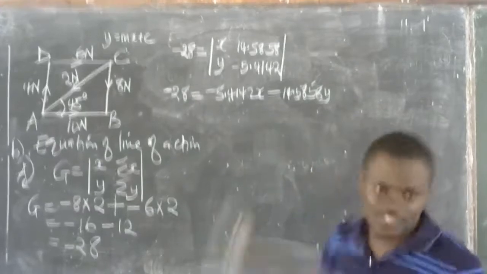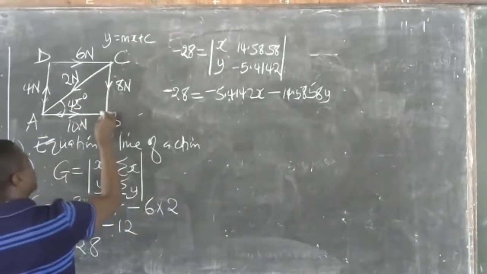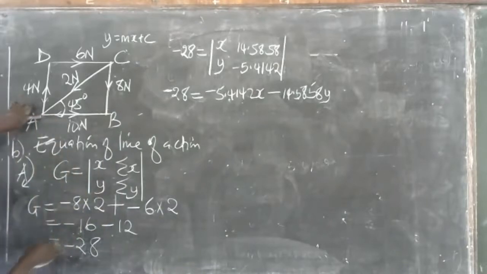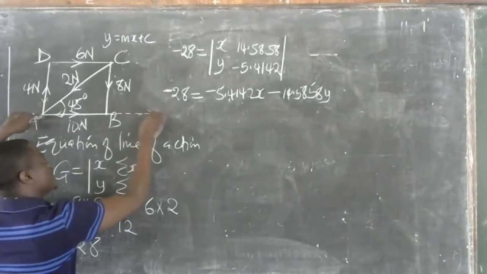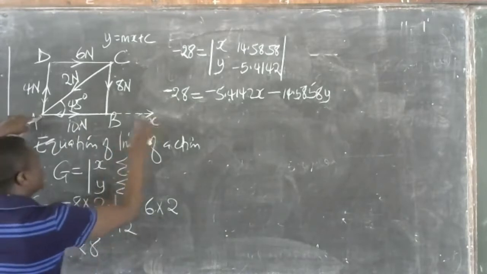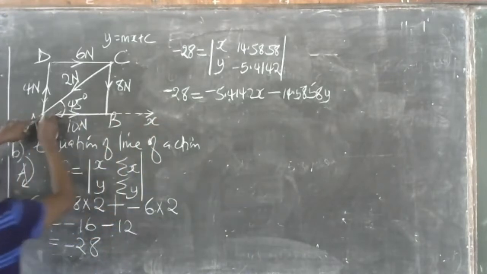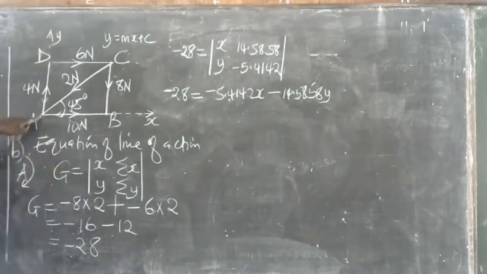Now, this is a straight line. Since we have taken moments about point A, the line AB will act as the x-axis, and the line AD will act as the y-axis.